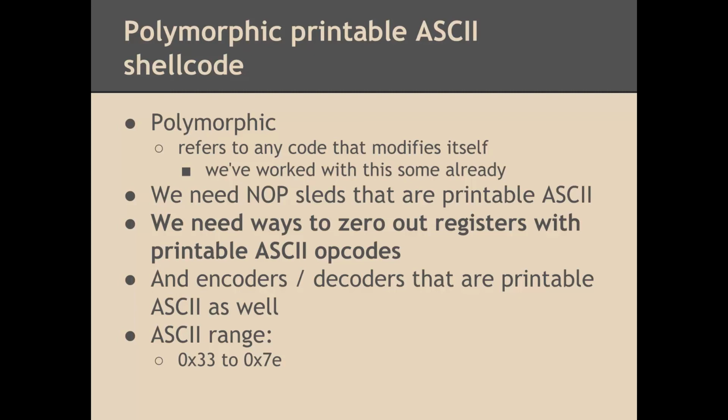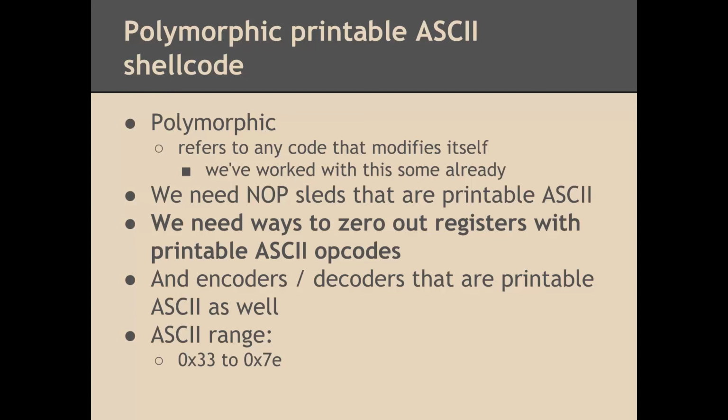So the way to defeat an ASCII only filter is you're going to have valid x86 instructions that are in the printable ASCII range. So you're going to have the standard components. In theory, you're going to have the NOP sled, and then you're going to have some way of zeroing out the registers so that you can work from a known good starting point and then perform the rest of your shellcode.